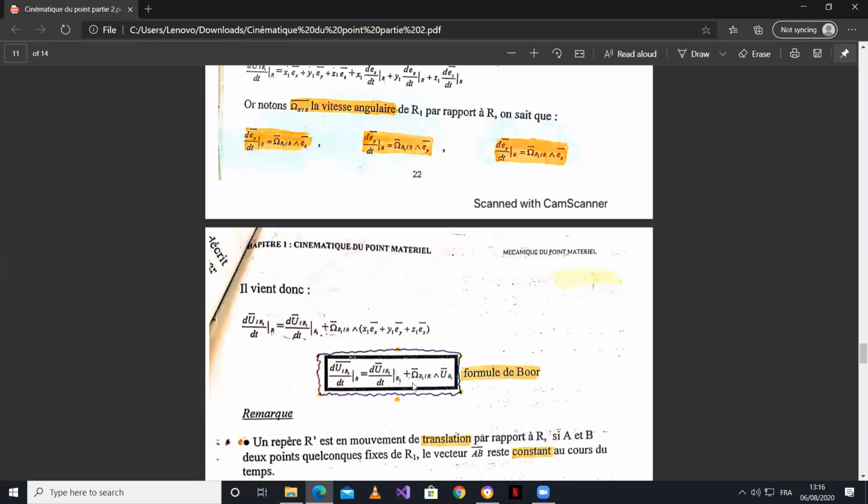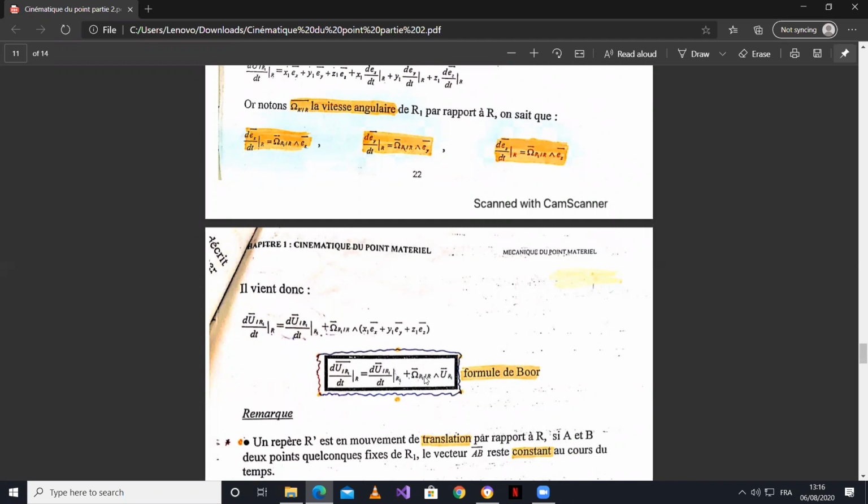It is this one, the vitesse angulaire, which is omega, the R1 par rapport à R, showing you that R1 is in movement with respect to R, the vector you are deriving. Is that clear? It's clear.